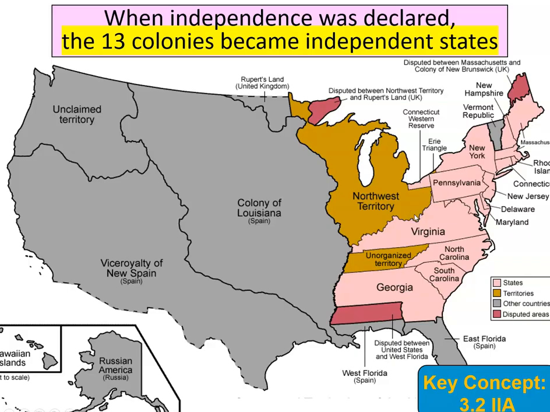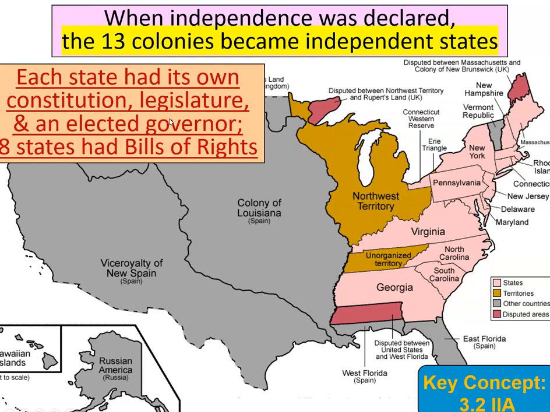To really understand, you have to understand the historical context behind the way they were set up already in order to understand how they envisioned the Articles of Confederation. Each one of the states already had its own constitution. They already had their own legislature through the colonial assemblies.